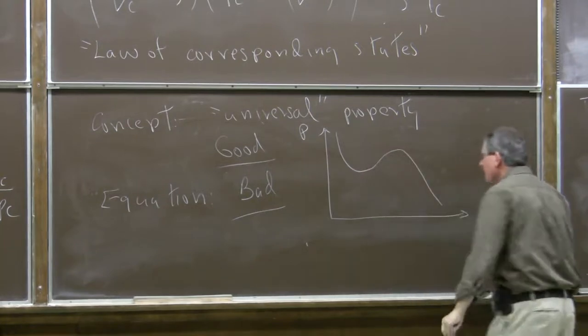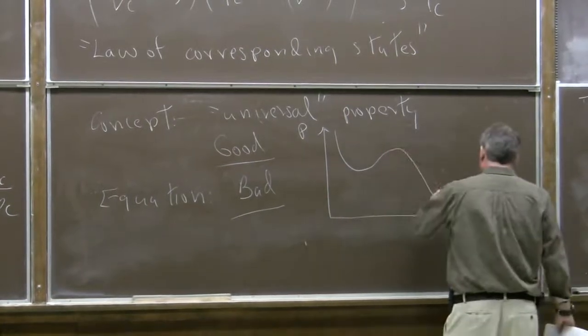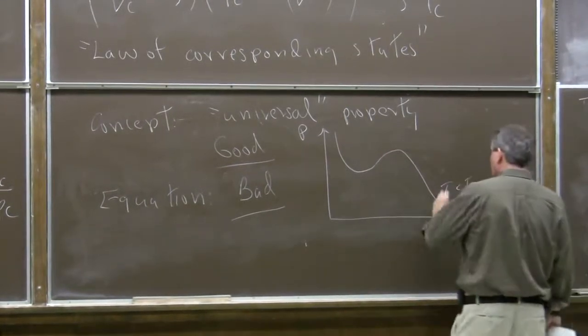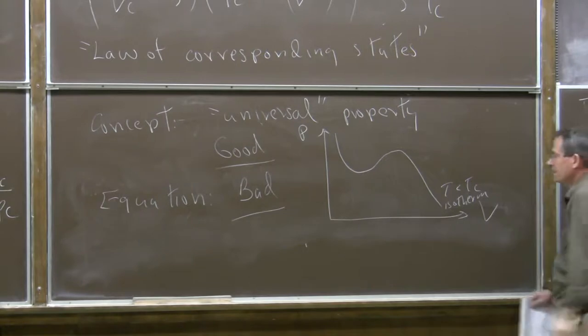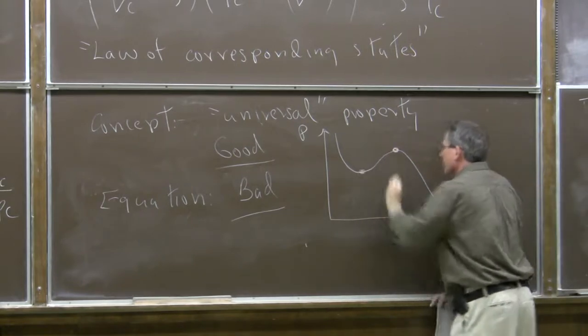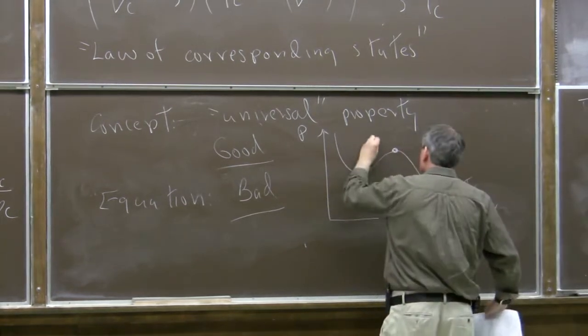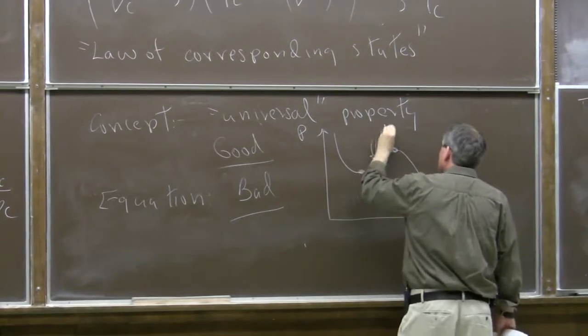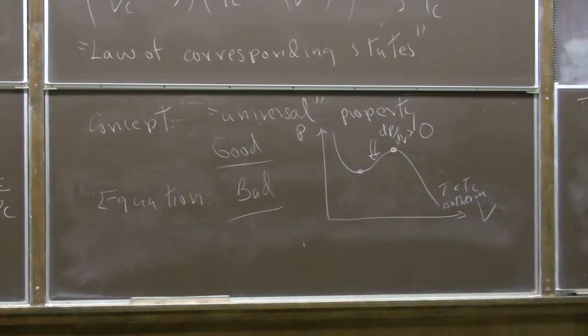So the pressure is given by, in effect, a cubic as a function of the volume when the temperature is less than the critical temperature along an isotherm. So there are a couple of critical points where the pressure as a function of volume has vanishing first derivative. And in between, dP/dV is positive. Well, dP/dV being positive is a sign that we've done something unphysical.